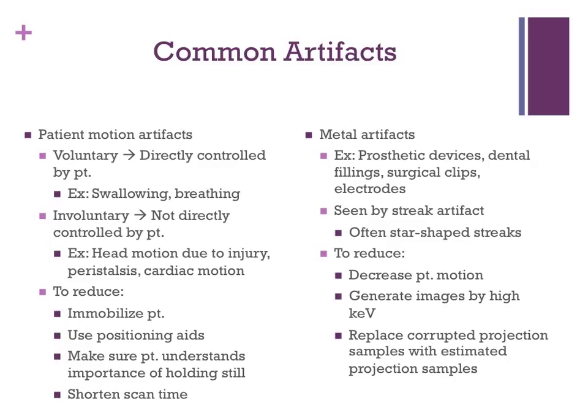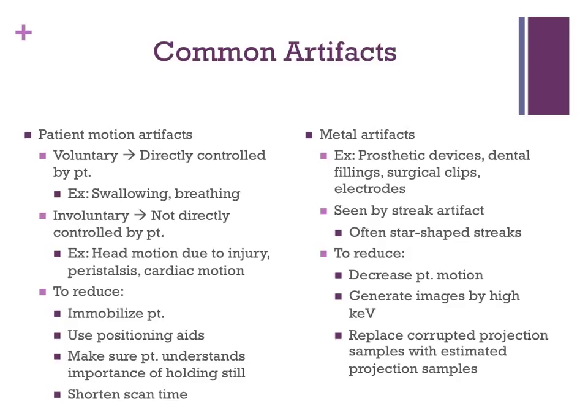Patient motion artifacts can be voluntary or involuntary. With the voluntary kind, they are directly controlled by the patient, and this includes swallowing or respiratory motion. And the involuntary kind are obviously not under direct control of the patient, and these include head motion with injury, peristalsis, and cardiac motion.